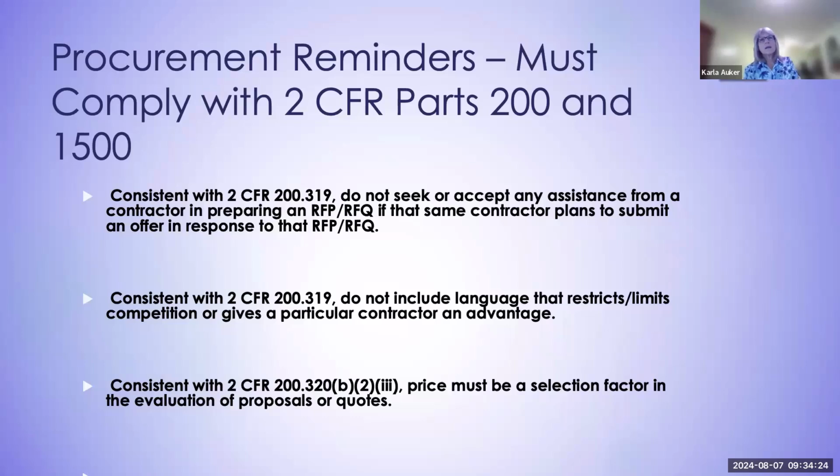Another thing, when you write your request for proposals once you get a grant, keep in mind that you can't include language in that request for proposals that limits the competition. We go so far as saying you cannot say, I will only accept proposals from companies who have managed US EPA Brownfields grants.